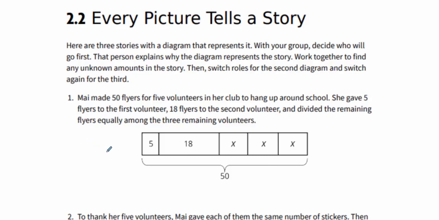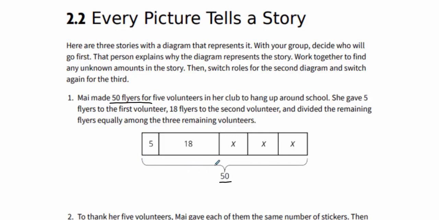So we want to describe what are the parts of this diagram that reflect the parts of the story problem. Okay, so let's look at the story problem first. She made 50 flyers. So here's 50. So that probably represents the 50 flyers.